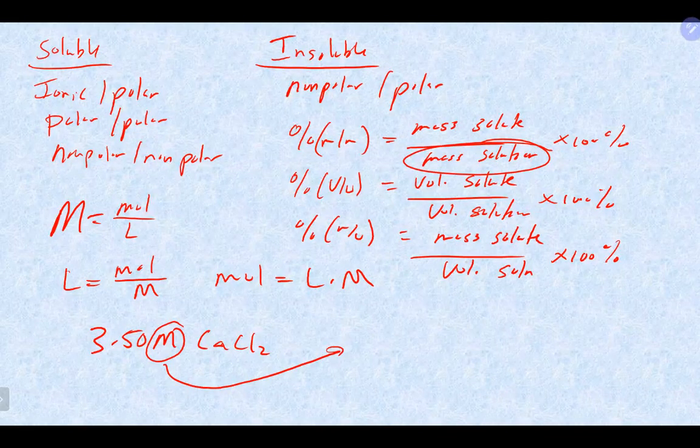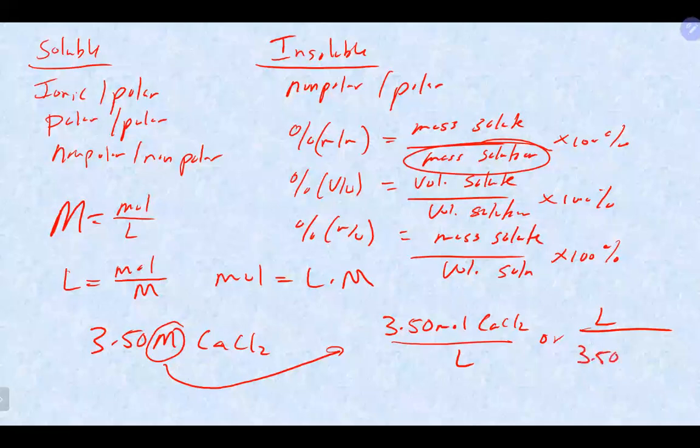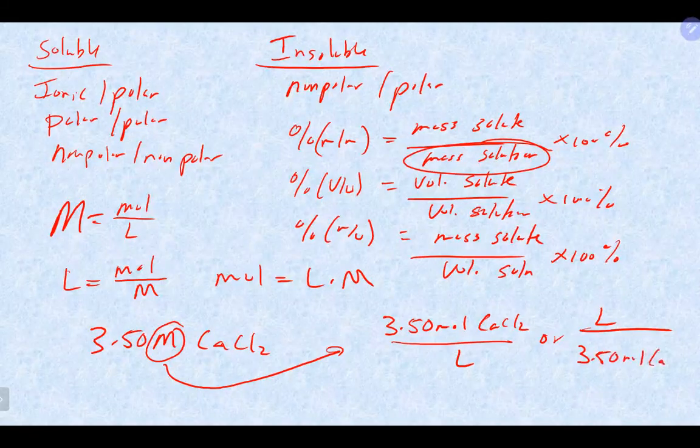You could do it the dimensional analysis way, so you do not lose the volume, which is a very common problem for people. That means there are 3.5 moles of calcium chloride per liter of solution. Or if you wanted to use it like a conversion factor, you can flip the liters on top and use 3.5 moles of calcium chloride.